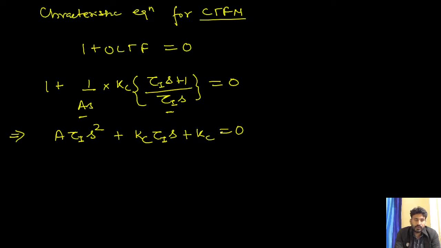This is my closed loop characteristic equation, or you can say the denominator. If I made any mistake, please let me know. अगर मैंने कहीं गलती कर दी हो तो मुझे बताओ, अदरवाइज थोड़ा आगे बढ़े हम.